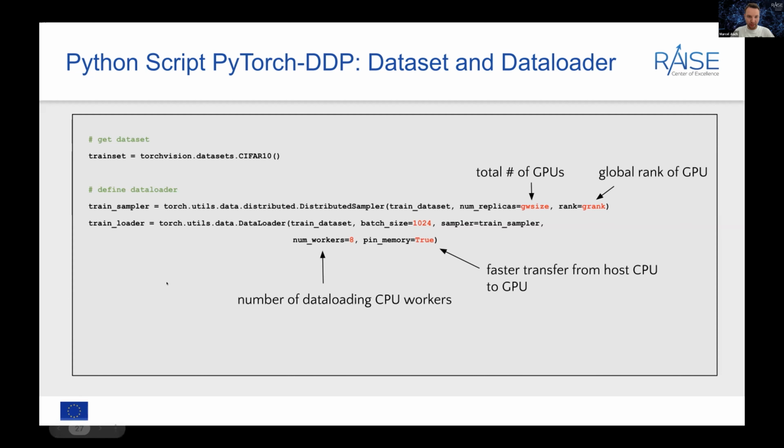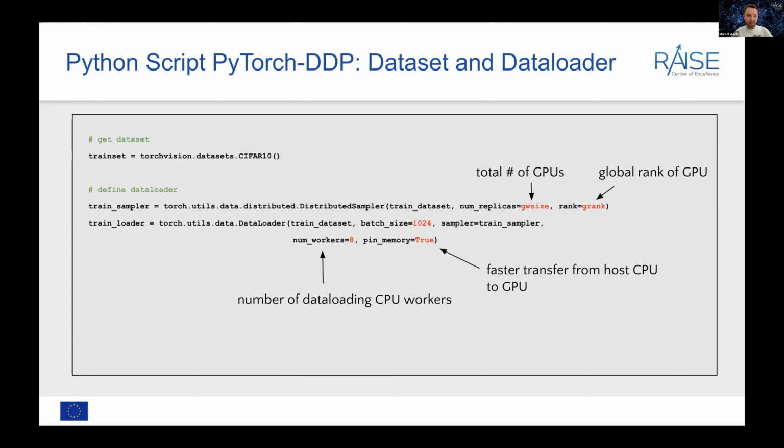And now we have two interesting options here we can additionally specify. One is the number of data loading CPU workers. With that number, you can define how many CPU cores you want to help with the data loading process. Rakesh will show some evaluation of how this number actually affects the performance later.